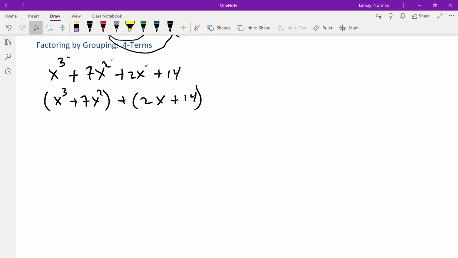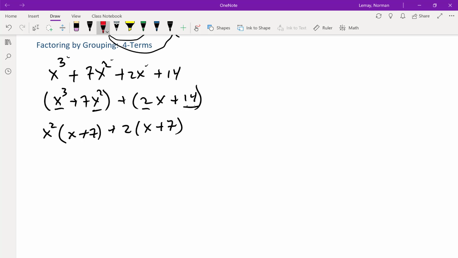So with this one, we can observe that the greatest common factor in our first grouping is just going to be an x squared. And notice here I'm left with x plus 7 plus, and here on our grouping here, our greatest common factor is going to be a 2. And here I'm left with x plus 7.